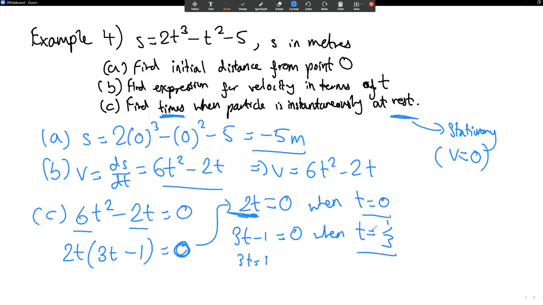So these are our two times. So these are the times where it's instantaneously at rest, or when v equals 0.